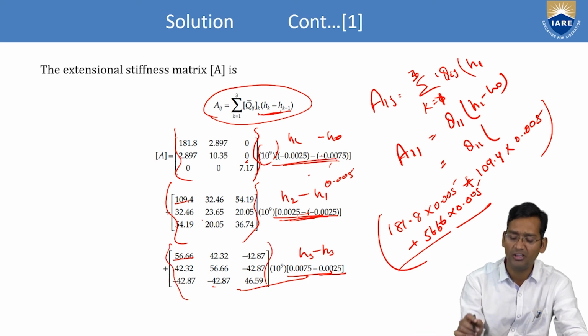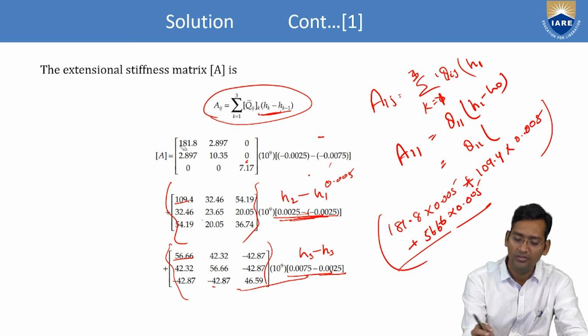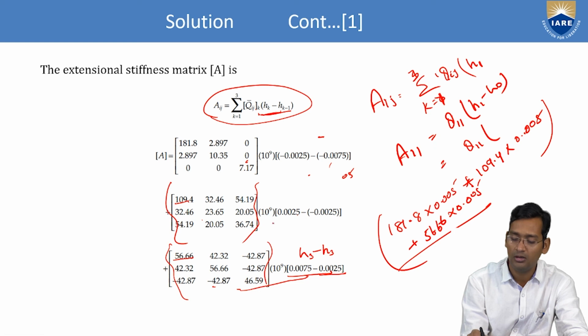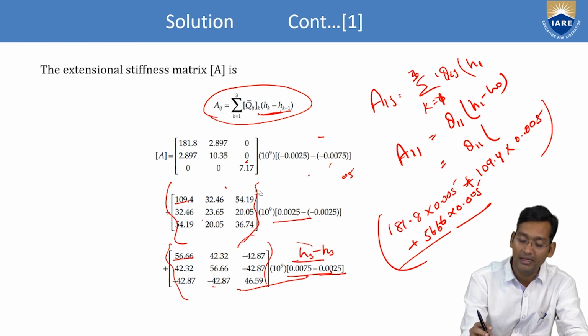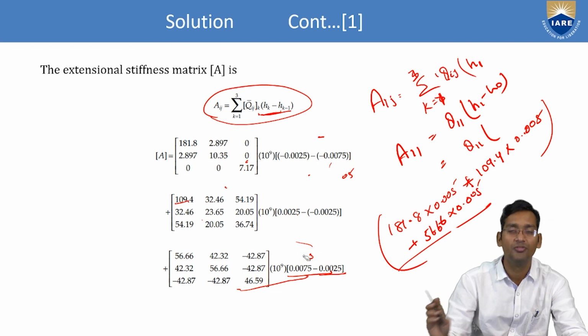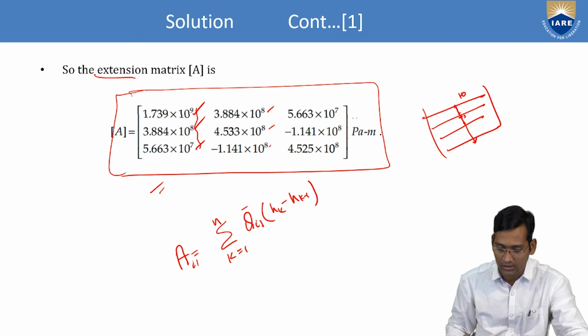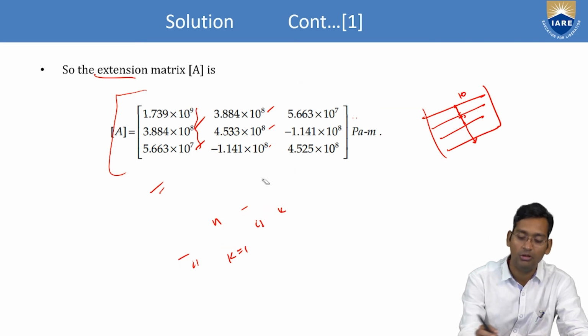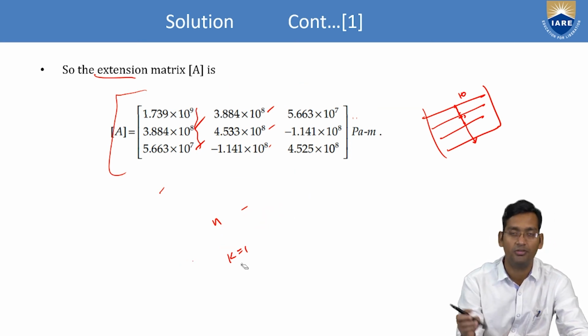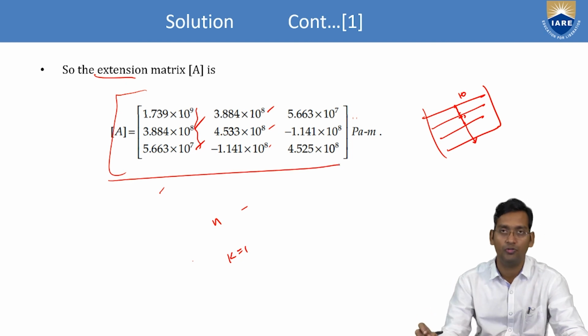Now just simplify this one and multiply it to this matrix. Simplify this part, multiply it to this one, simplify this, multiply this, and then apply the addition of the matrices. Finally, after adding, what you get is the extensional matrix A. So now we found A.